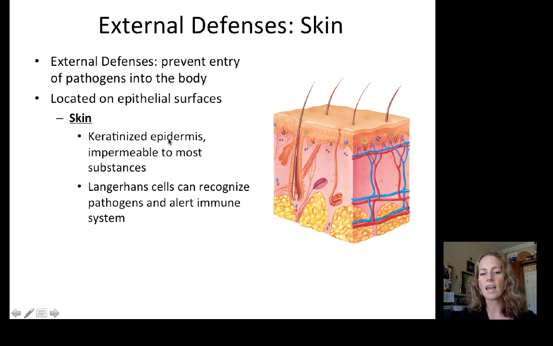The keratinized epidermis is impermeable to most, not all, but most substances, so it provides a protective outer barrier. There are also immune cells within the skin called Langerhans cells that can recognize pathogens that may enter the skin and alert the immune system.